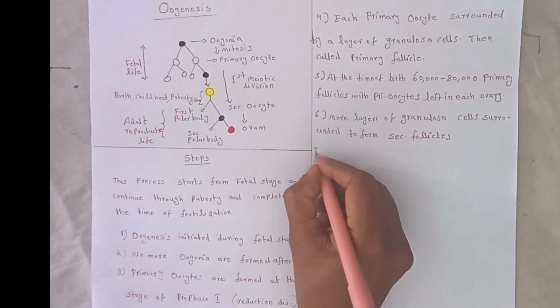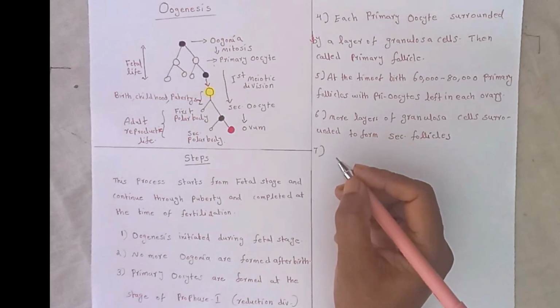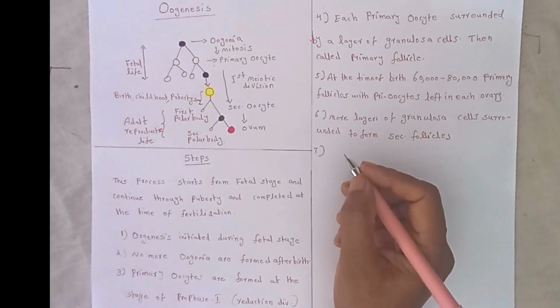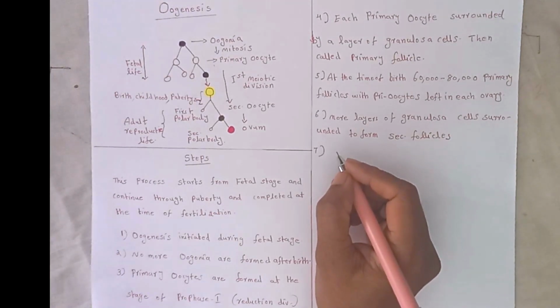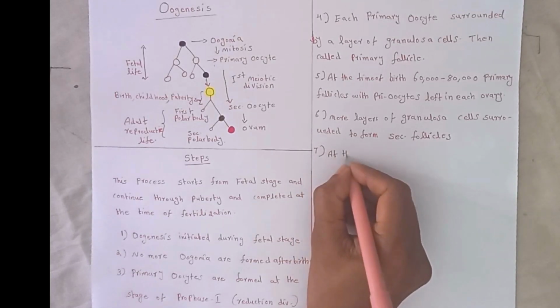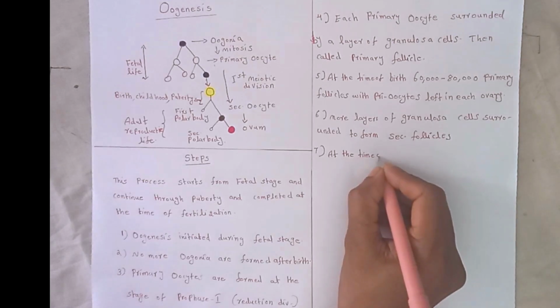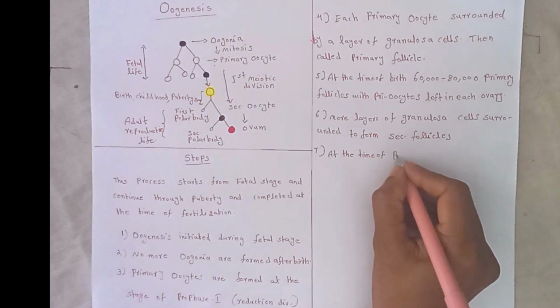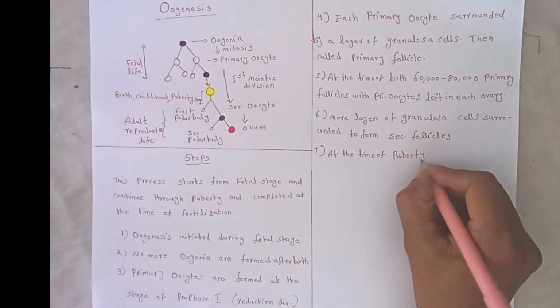Next stage, at the time of puberty, secondary follicles transform into tertiary follicles.